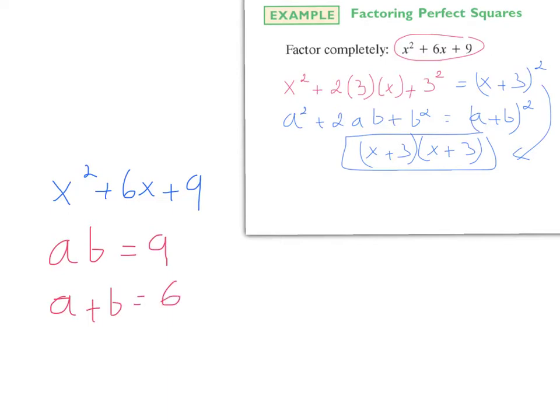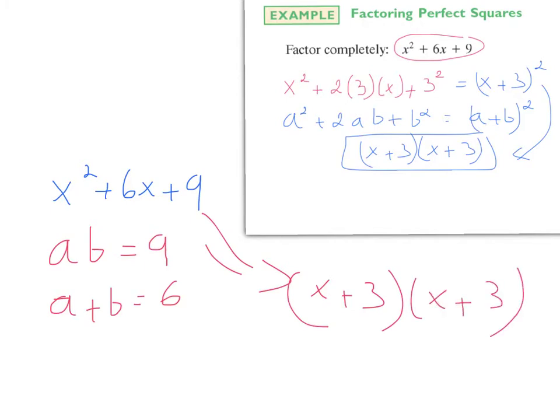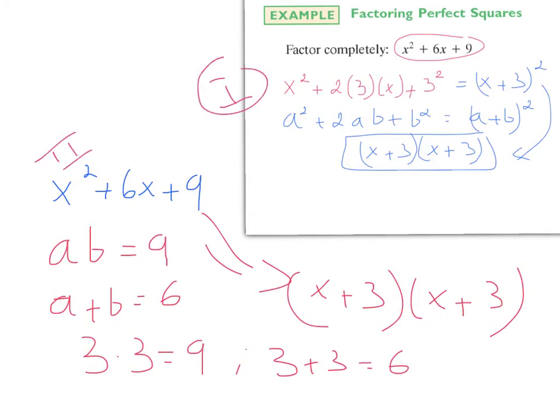Now we have to find two values that when we multiply them, we get 9, and when we add them up, we get 6. These values are 3 and 3. So it's automatically x plus 3 times x plus 3, because 3 times 3 is 9 and 3 plus 3 is 6. This is the first method, and this is the second method.